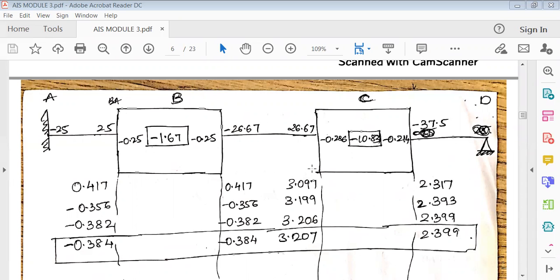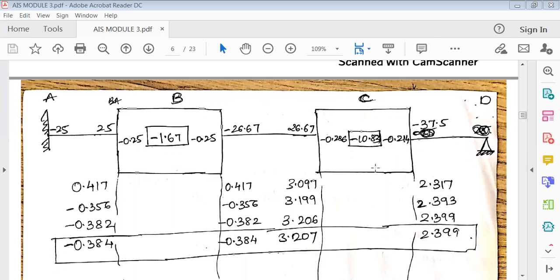We have not yet calculated any of these; this is the first thing we are calculating. So minus 1.67 plus 0, there are no moments at the far end, times the rotation factor. So it is minus 2.5 minus 0.25, so it is 0.417. Similarly at this portion also, minus 1.67, again far end no moment, times minus 0.25. Write it here.